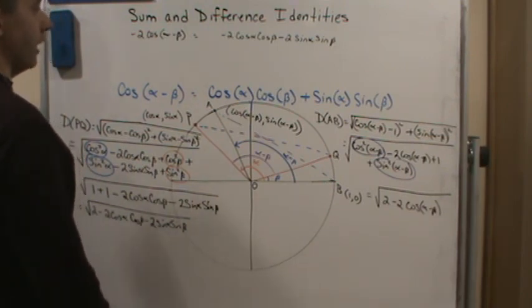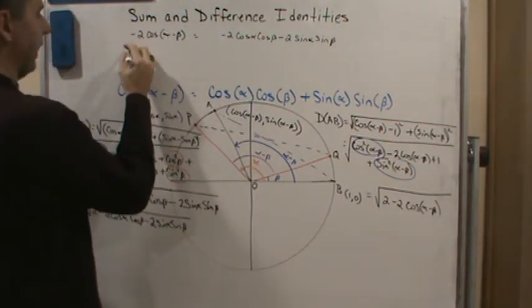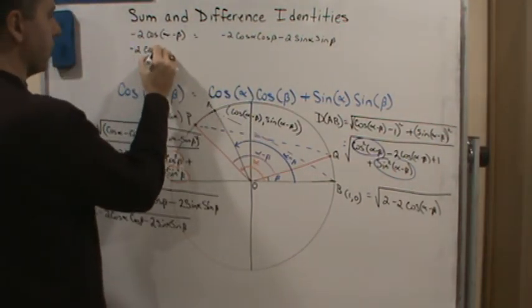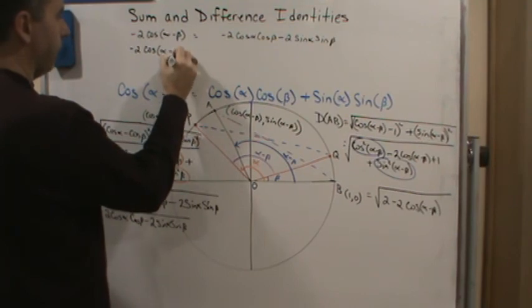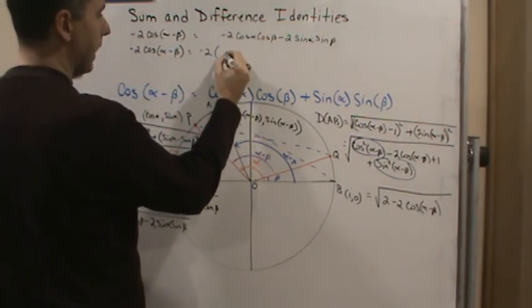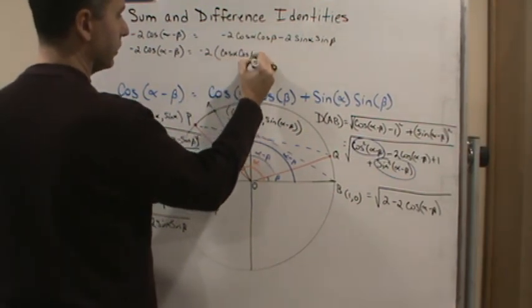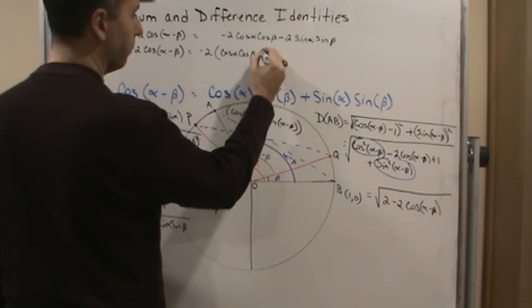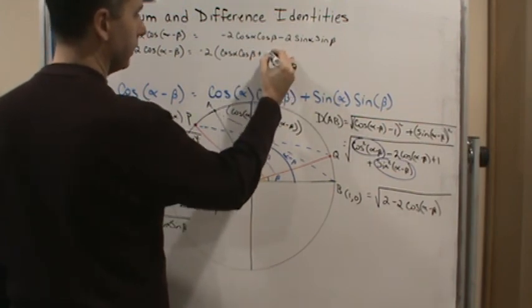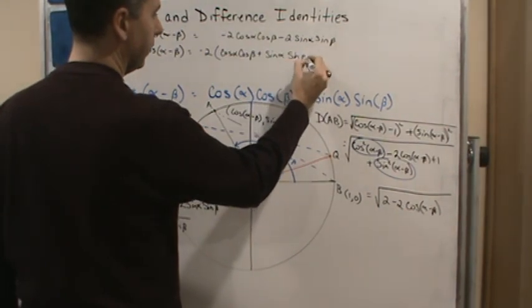Now, if I factor out a negative 2, what am I going to get? I'm going to get negative 2 times cosine alpha minus beta is equal to negative 2 times the quantity cosine alpha cosine beta plus sine alpha sine beta.